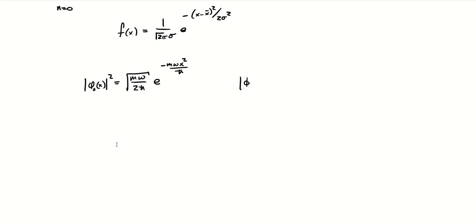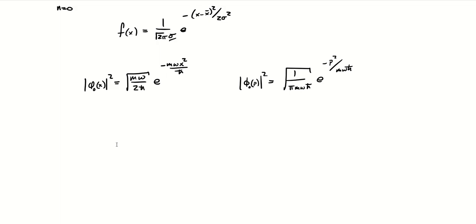And for the momentum space wave function of our ground state, we get 1 over the square root of pi m omega h bar, times e to the negative p squared over m omega h bar.